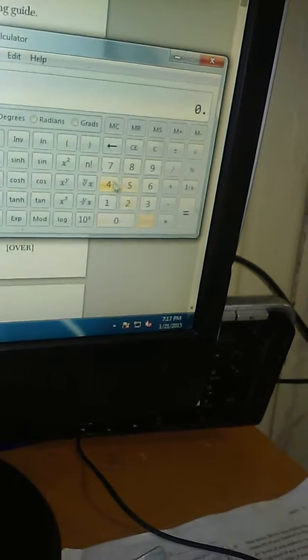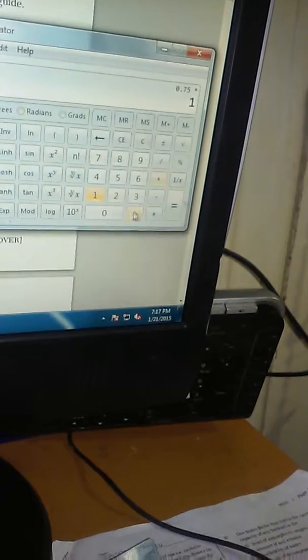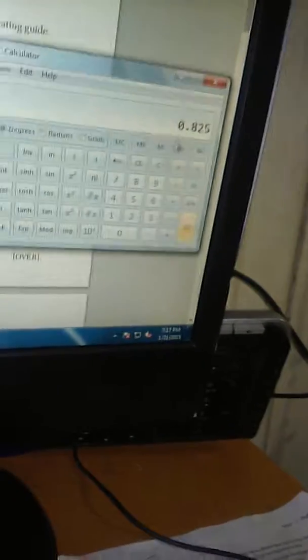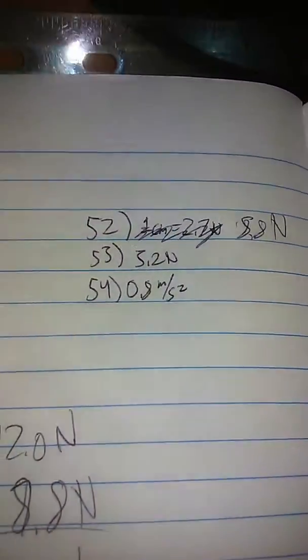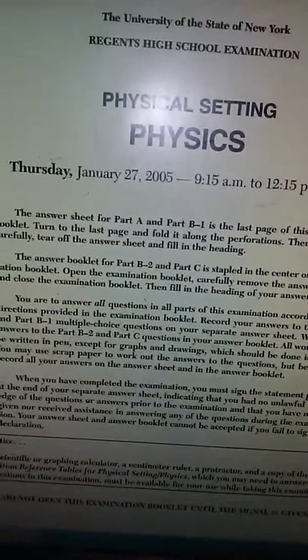Let's see if that's within 10%. I believe it is. 0.75 times 1.1, and yep, it's within the 10% error. So these are all the answers for 52, 53, and 54 from the January 2005 physics regents.